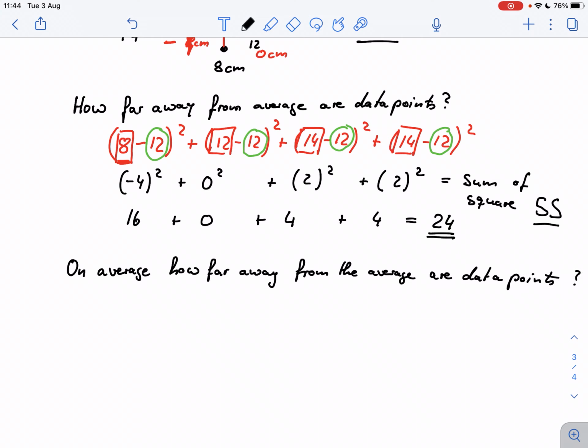And what you see is I just put in this average here compared to here. So what does that mean?